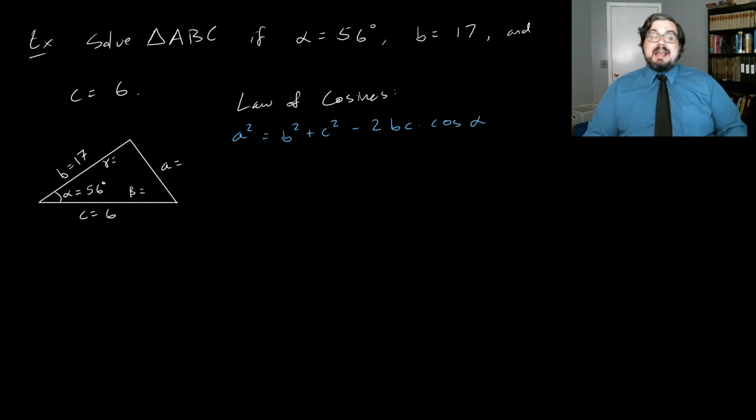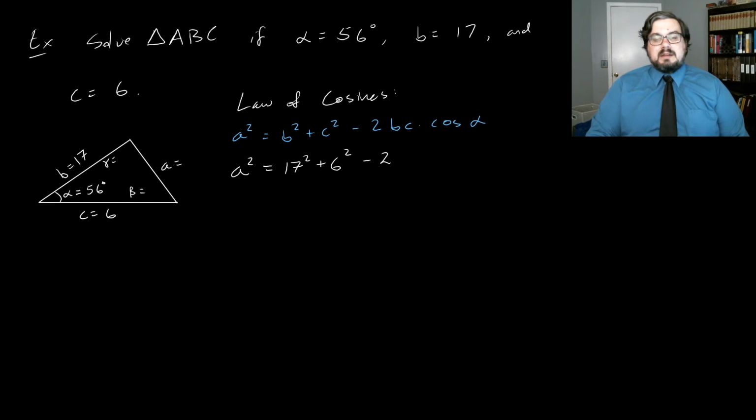So that's going to be a squared equals b squared plus c squared minus 2bc times cosine of alpha. So let's see how that goes. A, we don't know. That's what we're going to be solving for. So a squared is equal to 17 squared plus 6 squared minus 2 times 17 times 6 times cosine of 56 degrees.